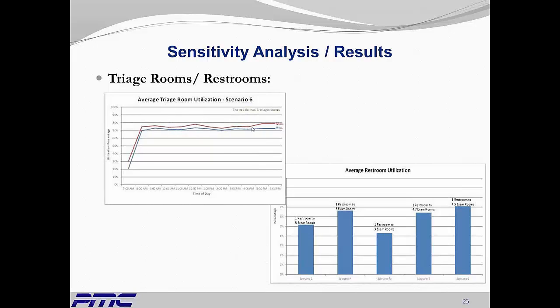When we look at the chart, we can see that our average utilization across all the triage rooms is 72%, and the maximum goes up to 80%. So we know that we have a good number picked in terms of number of triage rooms needed for that module, for that scenario.